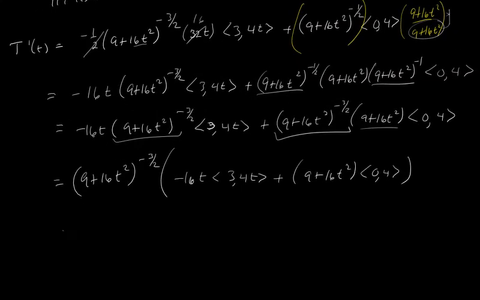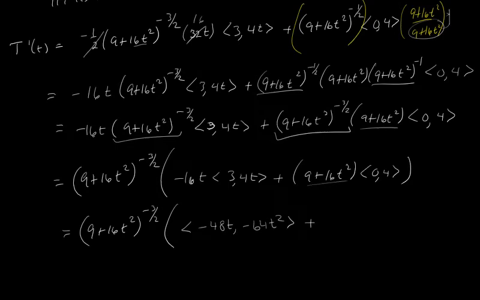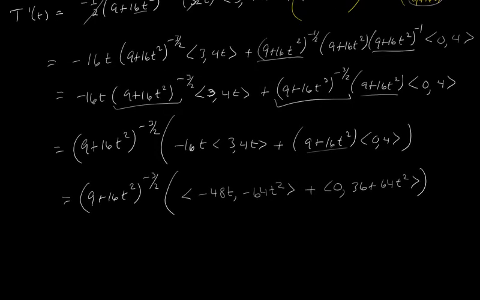So that gives us (9 + 16t²)^(−3/2) times, distributing the −16t, the vector ⟨−48t, −64t²⟩, plus, distributing the 9 + 16t², the vector ⟨0, 4(9 + 16t²)⟩, which is 9 times 4, 36, plus 16 times 4, 64t².